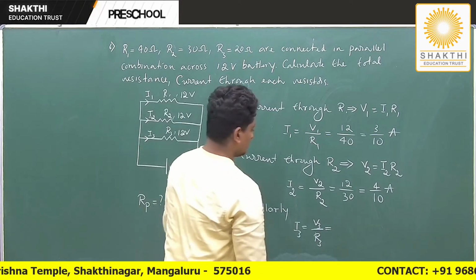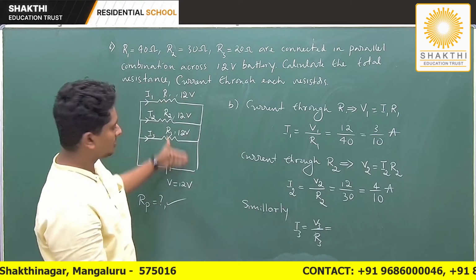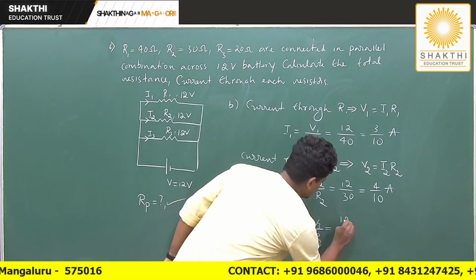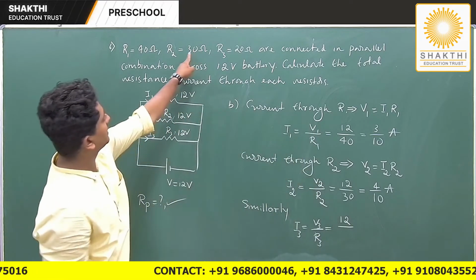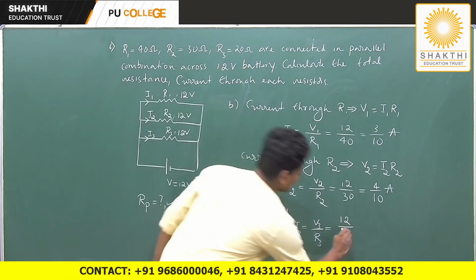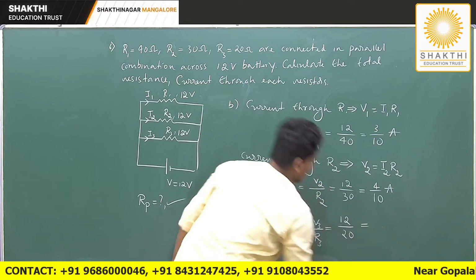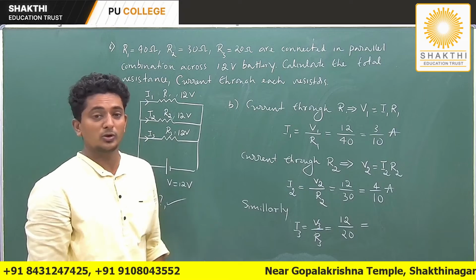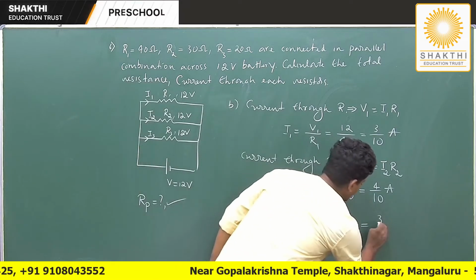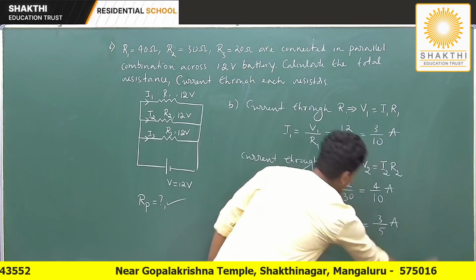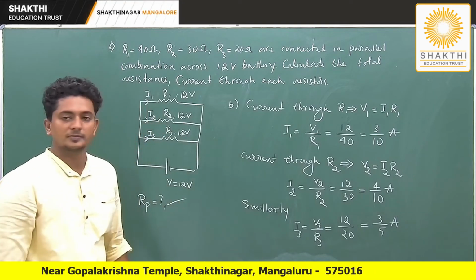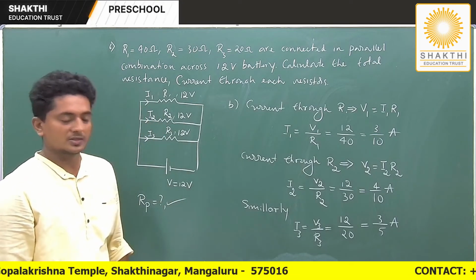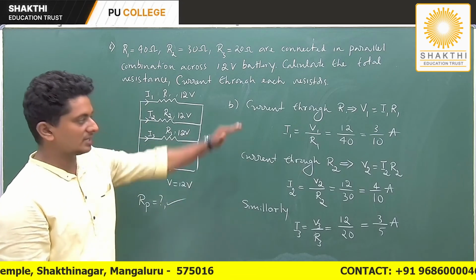When you do that, V3 is nothing but the same potential 12, and R3 is nothing but 20. So this you can divide by 4, numerator as well as denominator. When you do that, you will get 3 by 5 ampere. So this is what you will get. Just quickly see it.